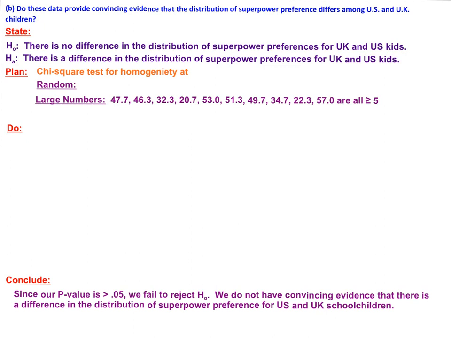And we haven't really touched on this enough, as I probably should. The expected counts show here's what should be going on if H0 is true. These are the type of numbers that we would get.